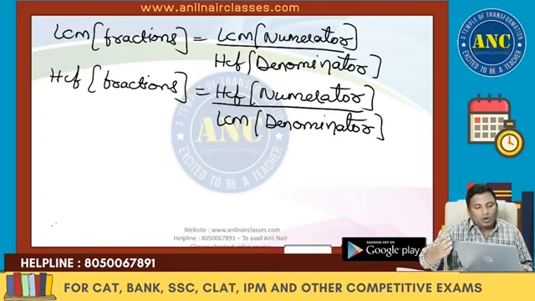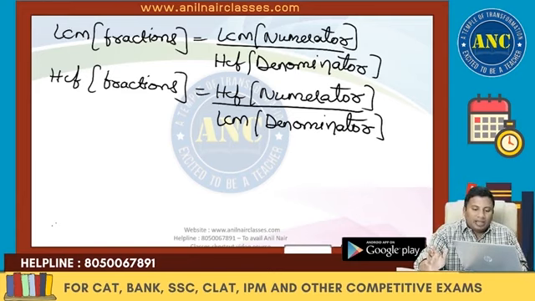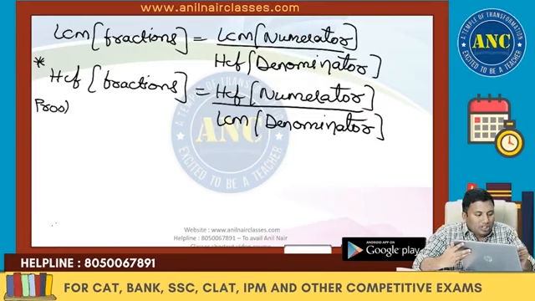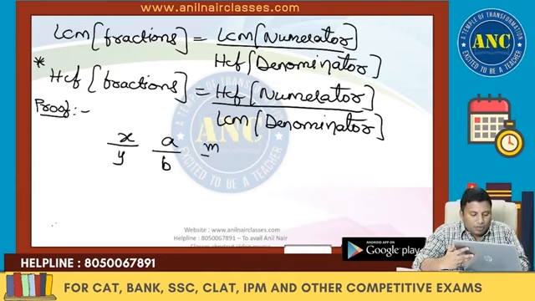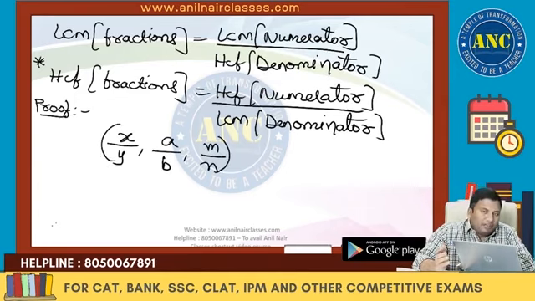First time you are going to see the proof. Why is LCM of fractions the LCM of numerator by HCF of denominator? Any one proof I will do. Let there be three fractions, x by y, a by b, and m by n.